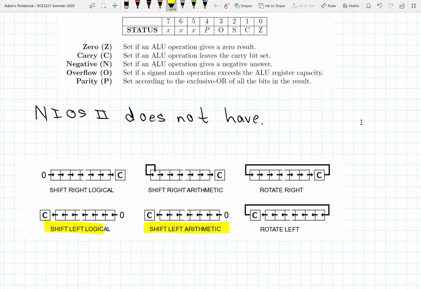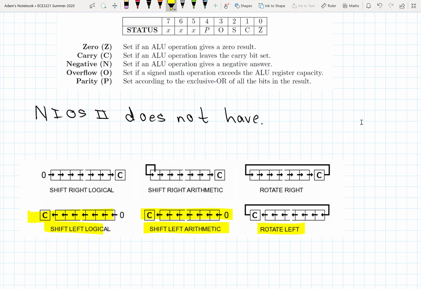Of course, if you shift far enough, you can overflow the value and lose your sign, but other than that, both operations function the same.